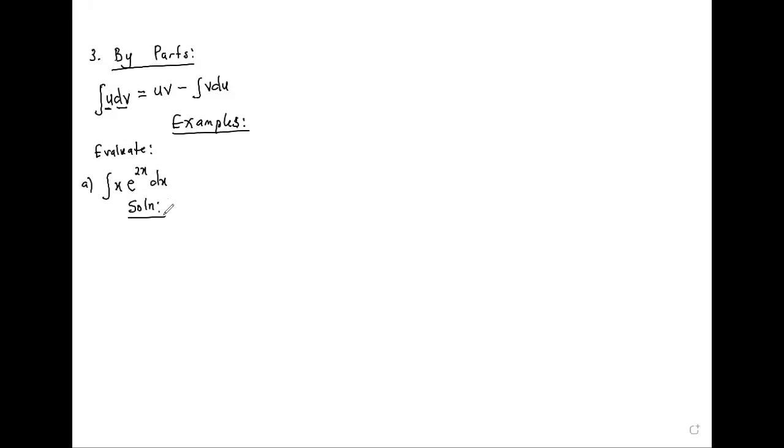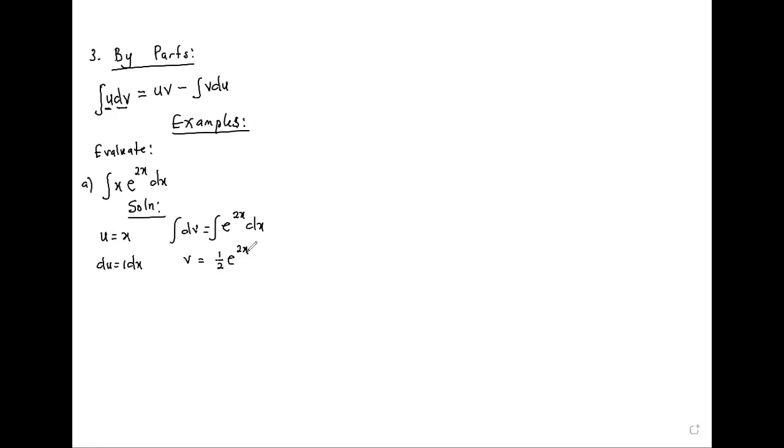So let u be equal to x, so that when we differentiate, it will be 1 dx. Then let dv be equal to e 2x dx, so that when you integrate, you get v is equal to 1 over 2 e 2x. In this case, you don't introduce c when you integrate dv.